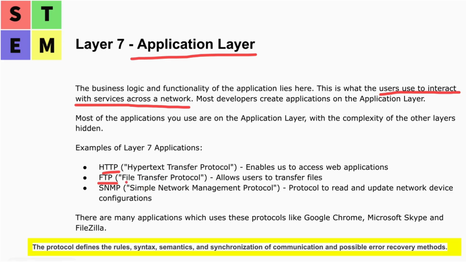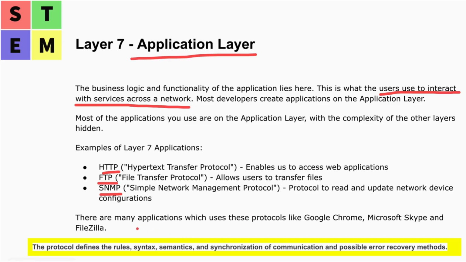And FTP is used for transferring files from users to servers, and from servers to servers. So that's the protocol for that. And there is SNMP, Simple Network Management Protocol. That's for reading and updating network device configuration.